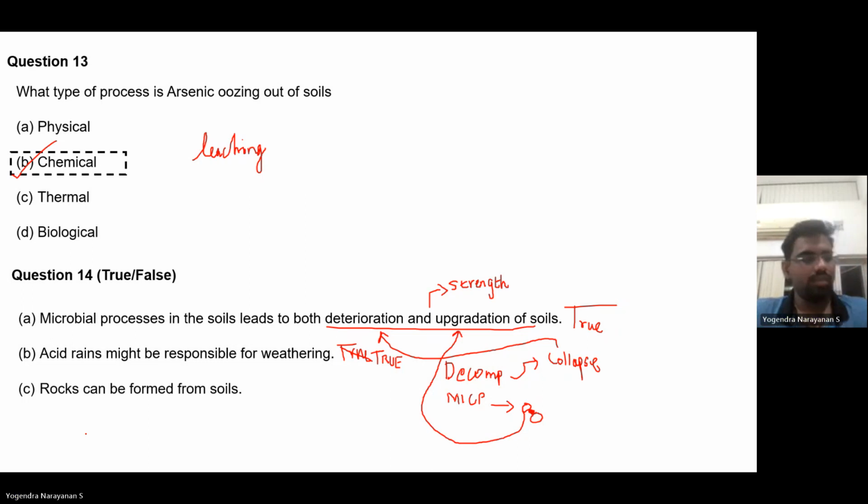But can rocks be formed from soils? Whether this statement holds true, to understand this, we have to understand the rock cycle.